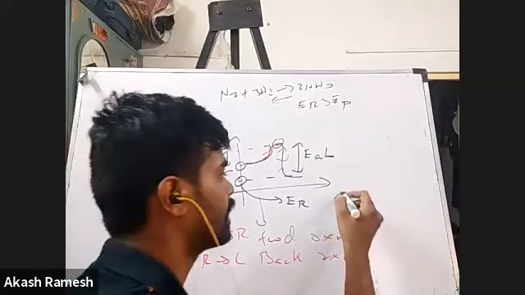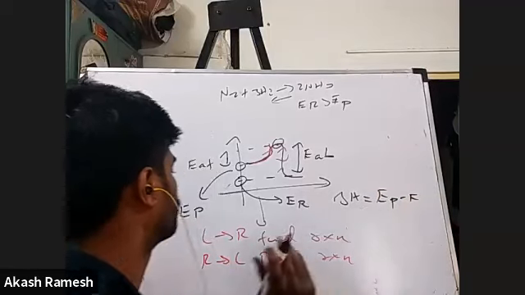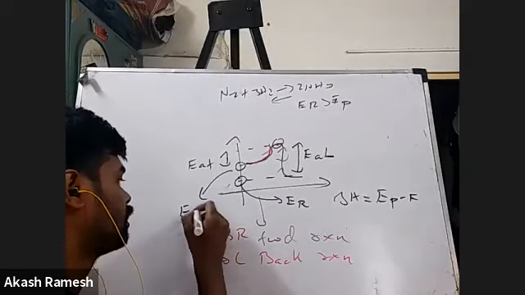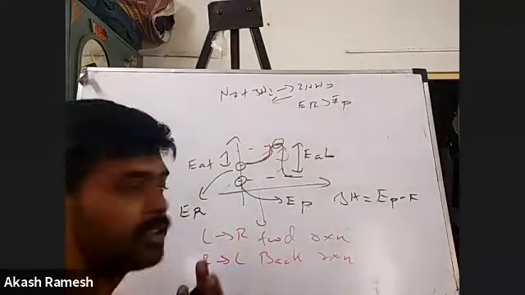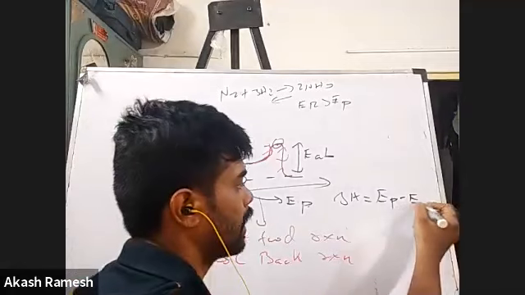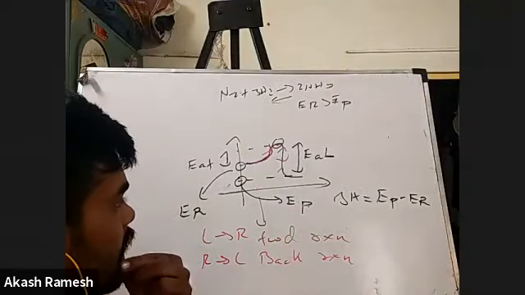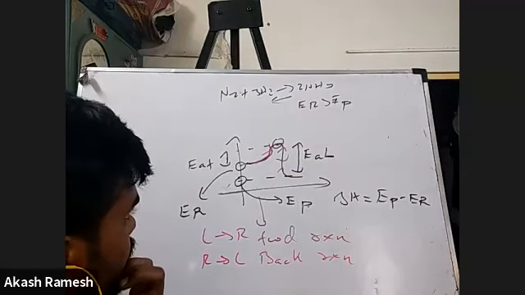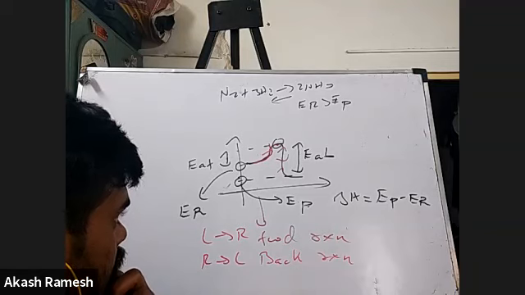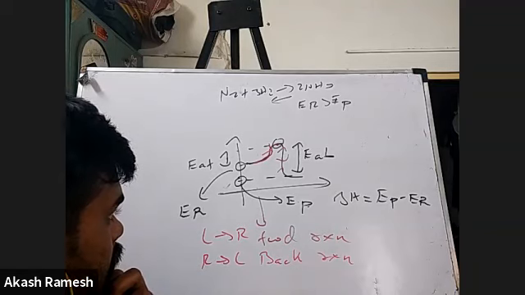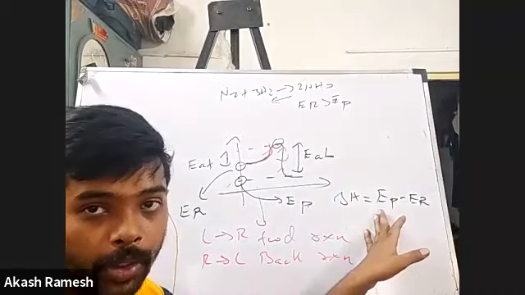And I told you delta H is going to be equal to EP minus ER. I'm sorry, products, reactants, right? So EP minus ER, right? So this is the enthalpy value which we know.